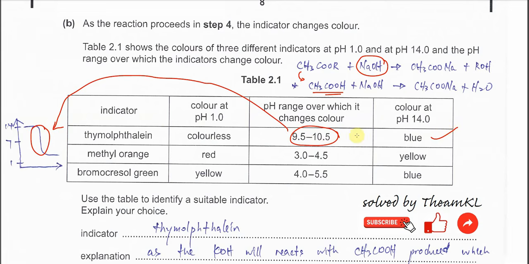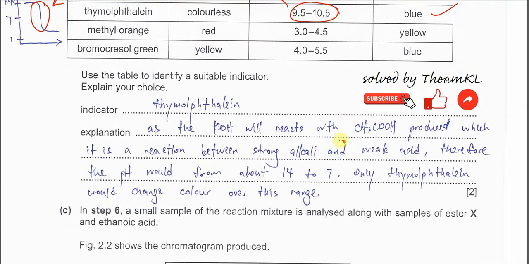It will have a color change, whereas methyl orange and bromocresol green change color in the acidic range, so they will most likely not change color during the reaction because it's not in their range. So if you understand, you can explain it like this: thymolphthalein is the more suitable, better indicator. Why?